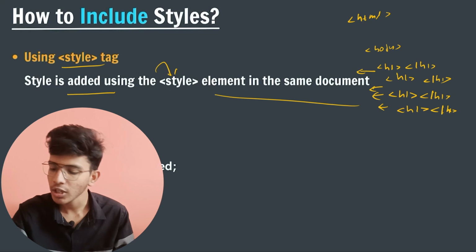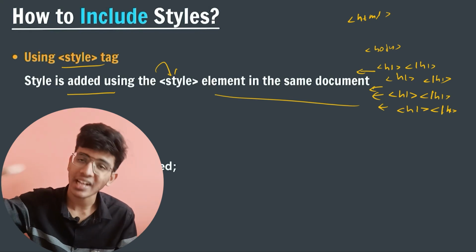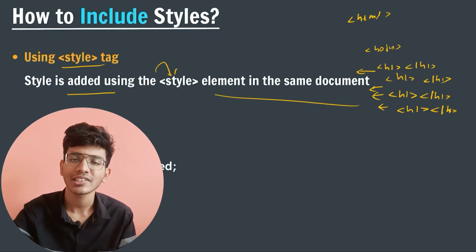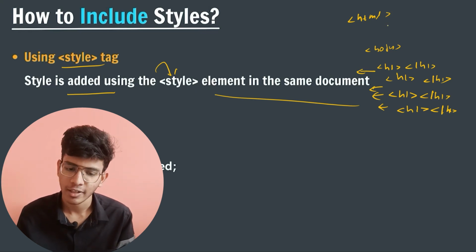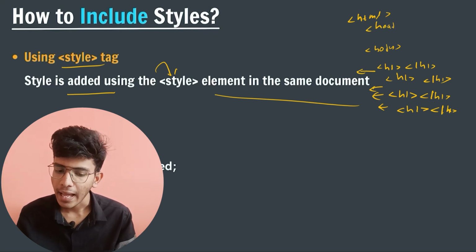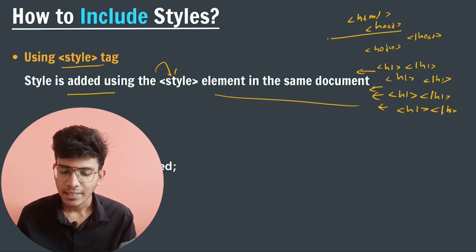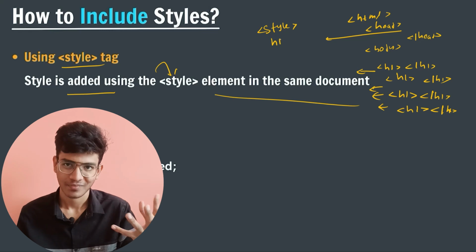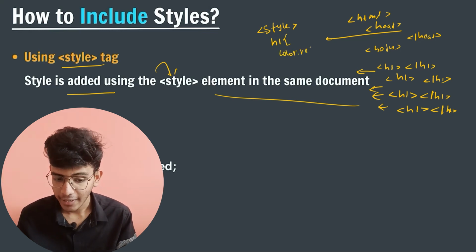For the h1 tag, I want to apply the styling across the document. Let's say I have 100 h1 tags, and I want to apply the same styling to all of them. So what I'm going to do is, in our HTML document we have a head, right? In the head, I'm going to add a tag called style, and within the style I will write my selector h1, and I will give color red.